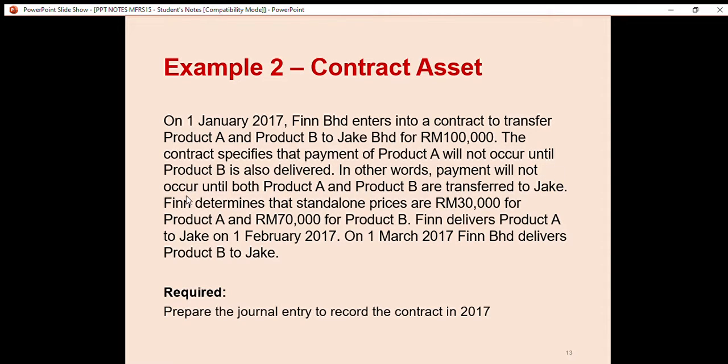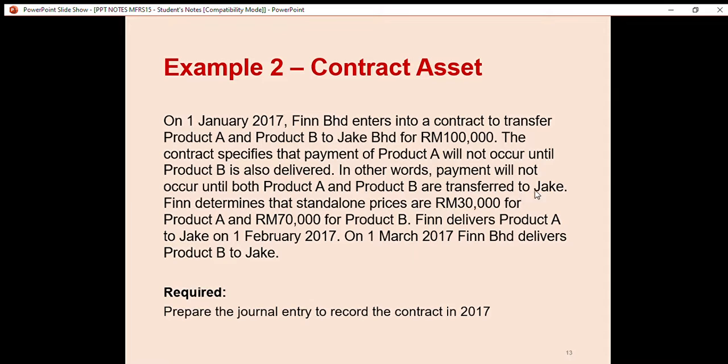Finn Berhad determines that standalone prices are 30,000 for product A and 70,000 for product B. Standalone prices mean individual prices. Individual price for product A is 30,000 and for product B is 70,000. Finn delivers product A to Jake on 1st February 2017, and on 1st March 2017, Finn Berhad delivers product B to Jake.